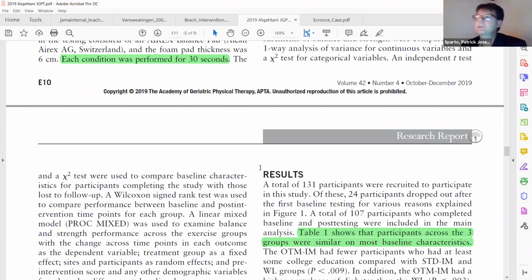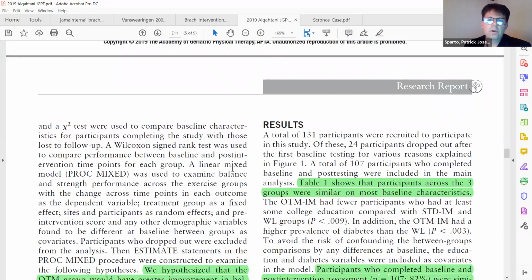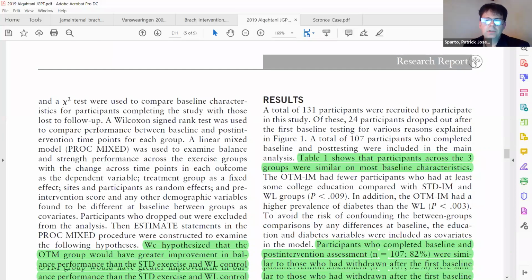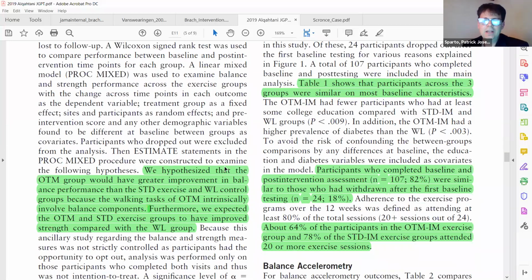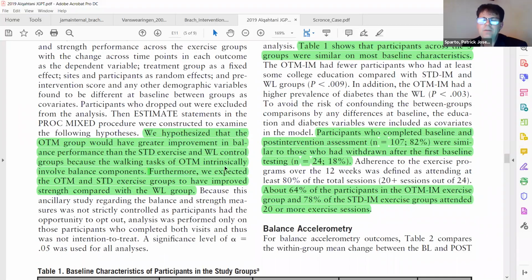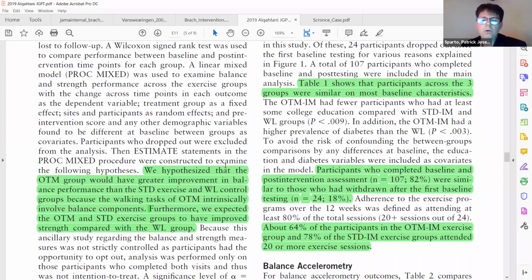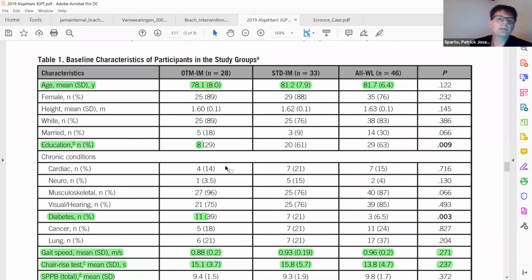I'm not going to worry about the stats because I'd like to move on to the results. I think I'm talking a lot longer than I expected, and I want to leave time for the case study. So let's just go to the results. The first one is looking at the baseline characteristics of participants. It's always important to make sure that the groups you start off with are pretty equivalent in their characteristics.